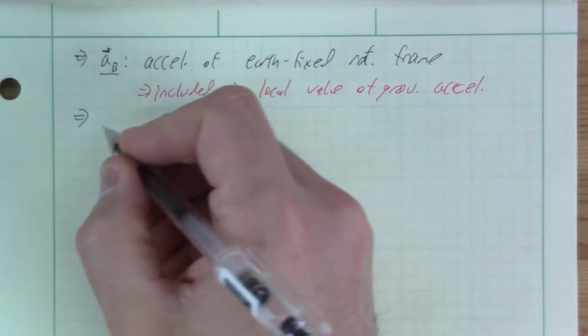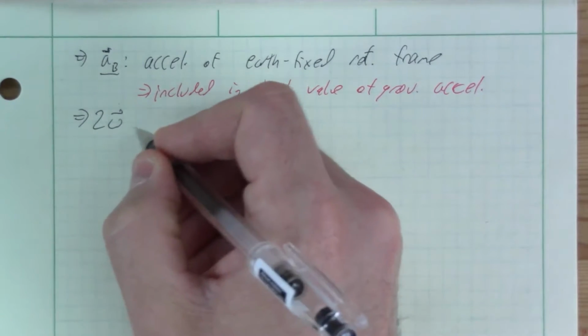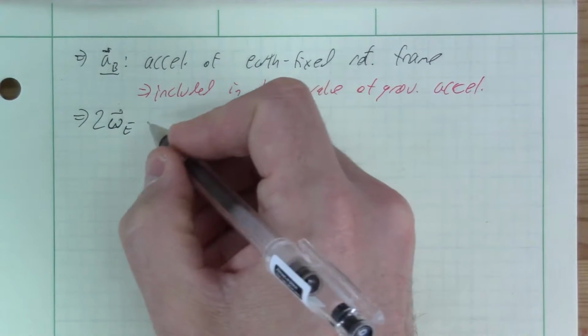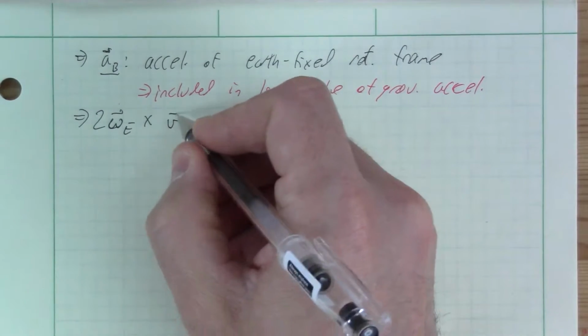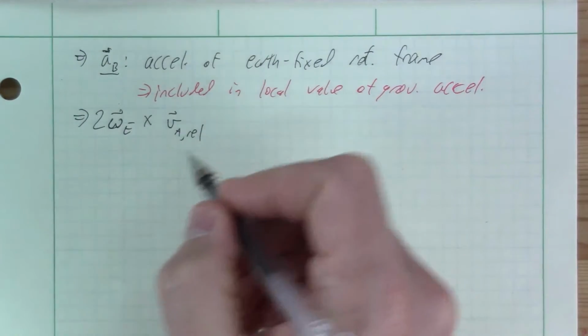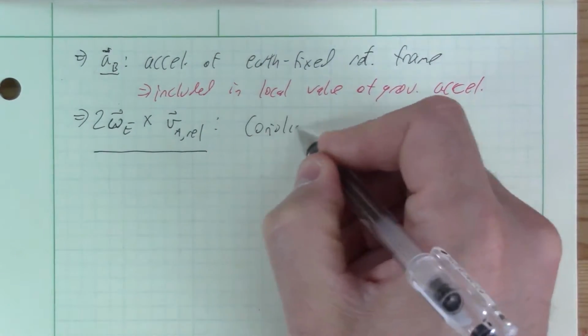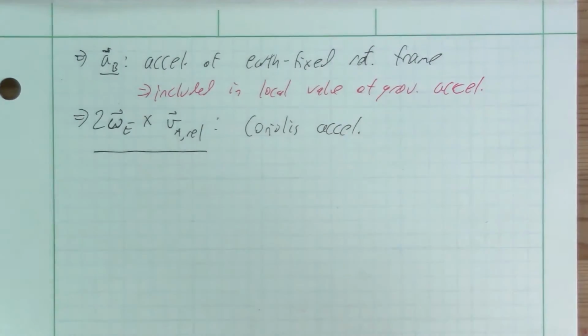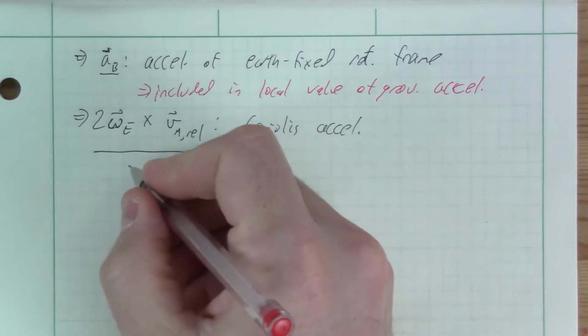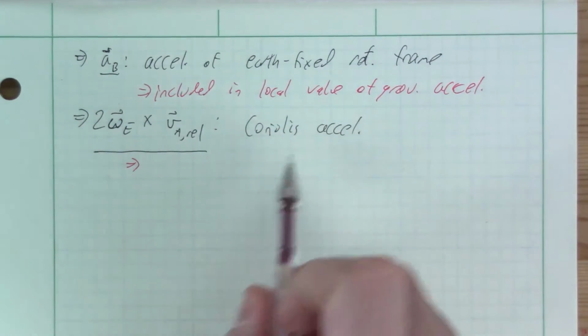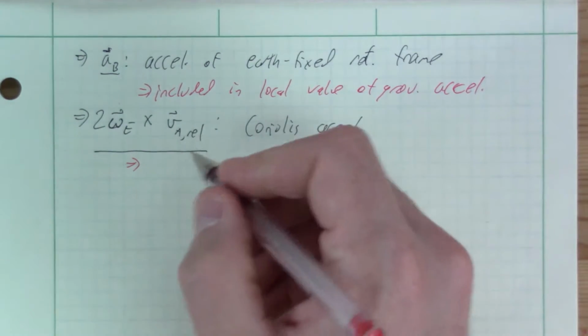The next term here, 2 omega E. I think, yeah, we're keeping them in the same order that I wrote them on the last page. This is what we call the Coriolis acceleration. Now, I've actually done some work with oceanic dynamics, ocean circulation, and this is a huge one because we're talking about the scale of the ocean.